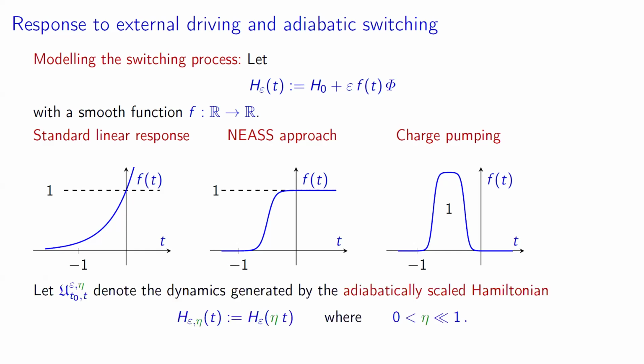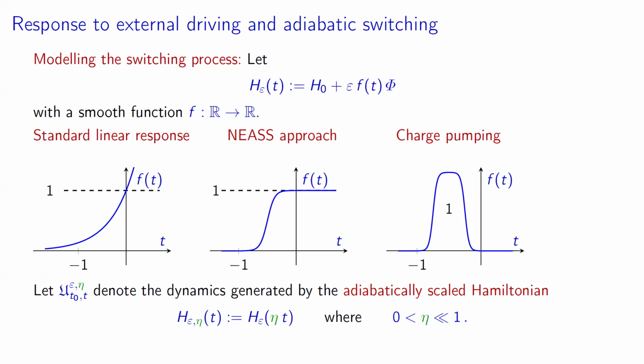Actually, if we did it this way, the results we get would depend on this function f. We would not get a universal response, and that's why people use adiabatic switching, which means that we do this switching process very slowly.